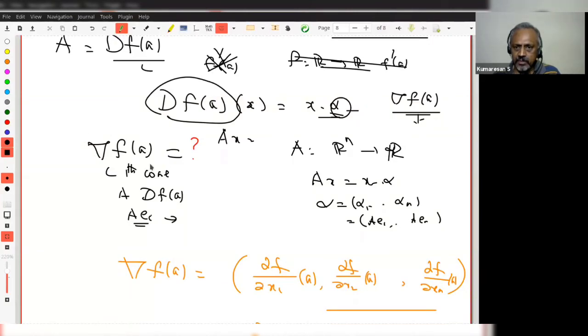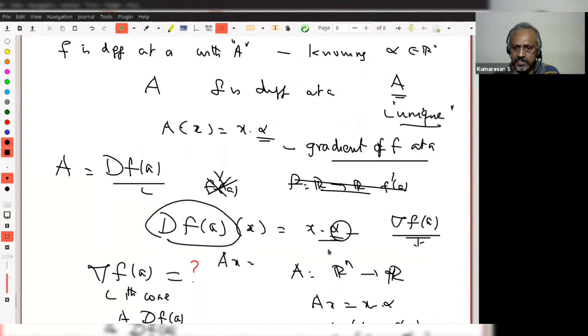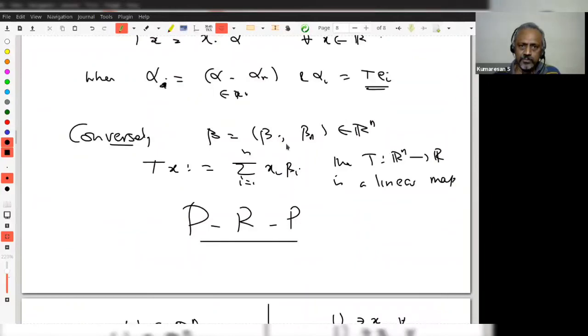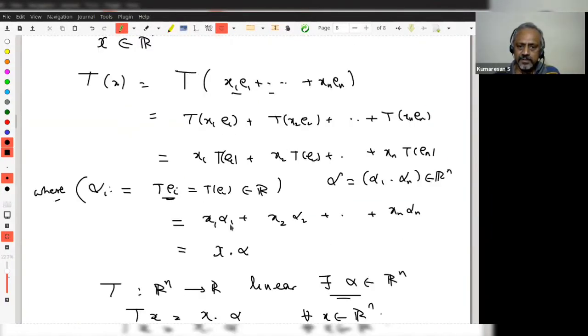Right? Now let's go back. This is just alpha. To find alpha, I have to know what is the ith coordinate. From the first thing, we already did that very long ago. You saw that? Our alpha is T of ei.